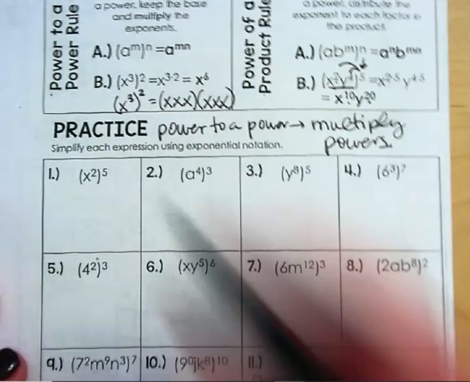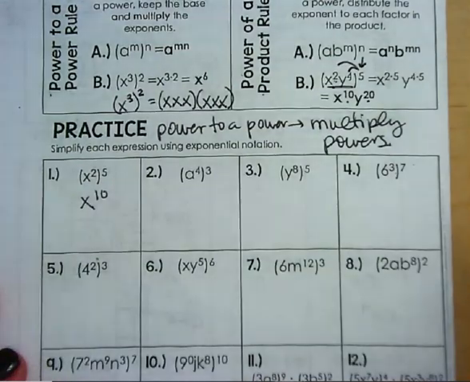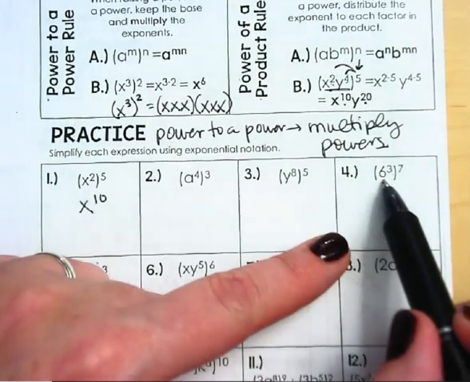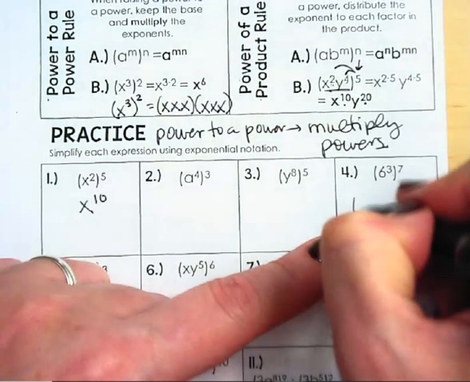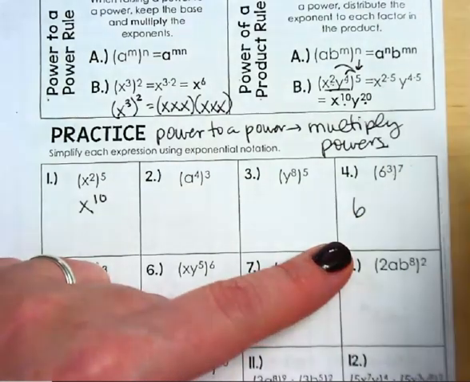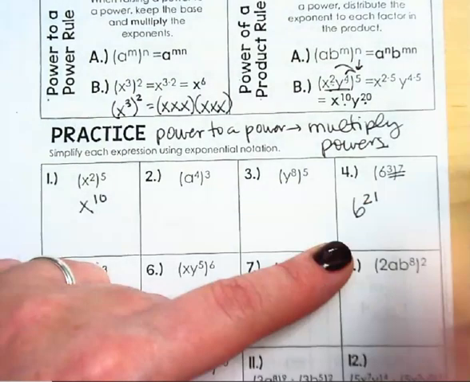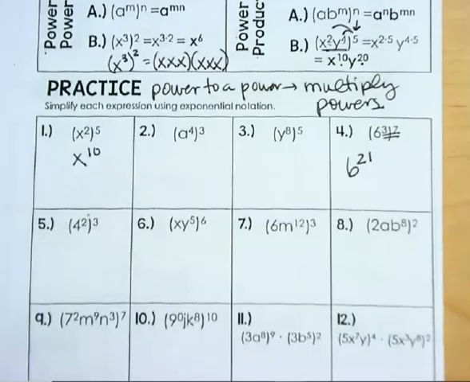And so for number 1, we would have x to the 10. Number 4, the base is an integer, right? It's not a variable. So remember, we just leave the base as it is. It's a 6. And then follow the rule on the exponents. 3 times 7 is 21. Look at number 8.